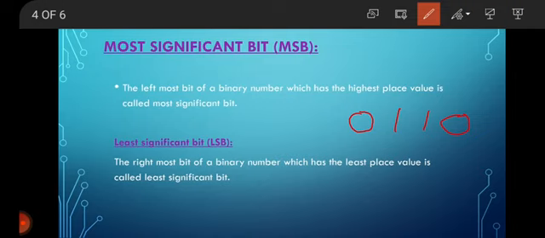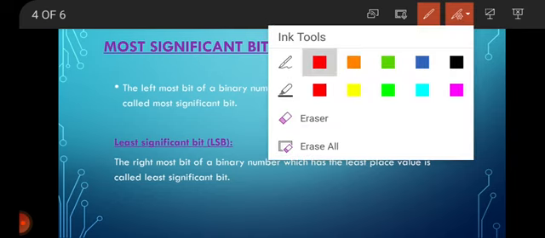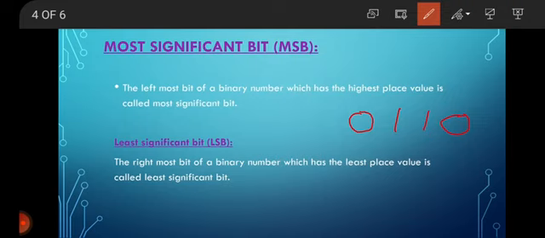Later we will discuss. So here, most significant bit means what? The leftmost bit of a binary number which has the highest place value. So this is the leftmost bit. We have 0, 1, 1, 0. This is the leftmost bit, which will represent the highest place value.